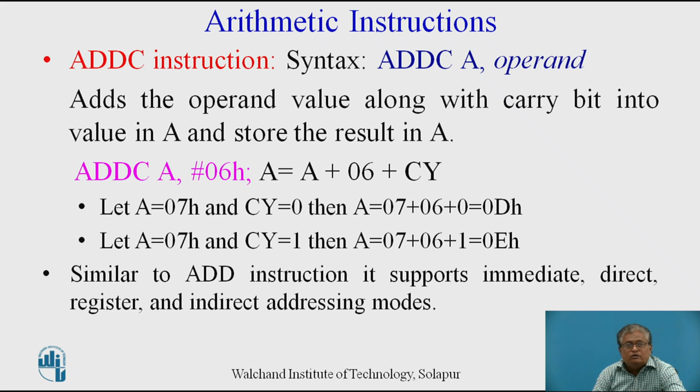So the new value in the register A will be A plus 06 plus CY. If CY is 0, that is the carry bit is 0, then 0 will be added. If the carry bit is already set, that is 1, then 1 will be added into A plus 06.